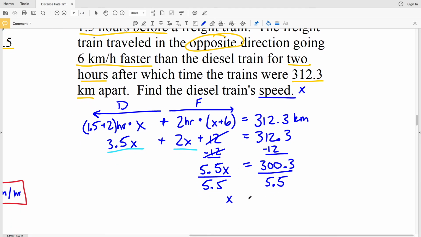So I'll have x equal to 300.3 divided by 5.5, which is 54.6. And we're talking about the speed of the train, which will be kilometers per hour. 54.6 kilometers per hour is our final solution for the distance, rate, time, word problems worksheet.